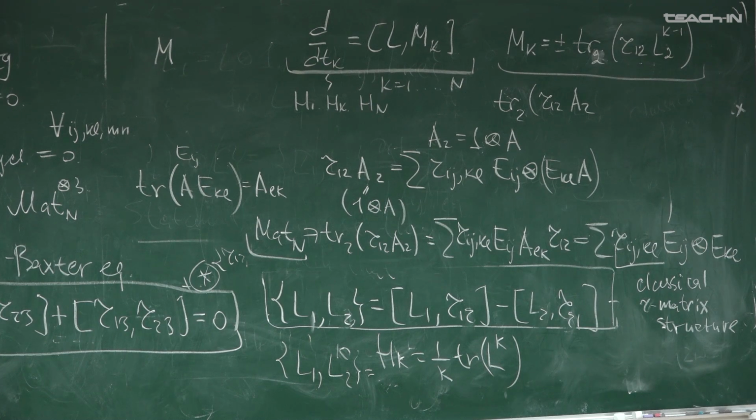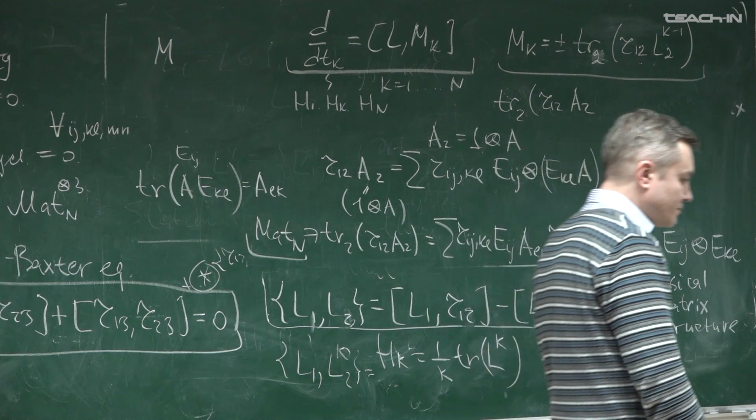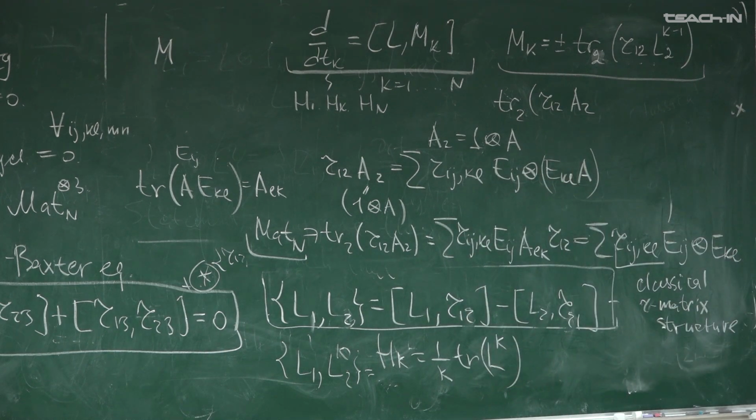Excuse me, what was the purpose? What is the aim in this process? To get M? Yes, I'm explaining that if you know the R matrix and the L matrix, then you know the M matrix as well. Because there are different constructions for how to find the Lax matrix.